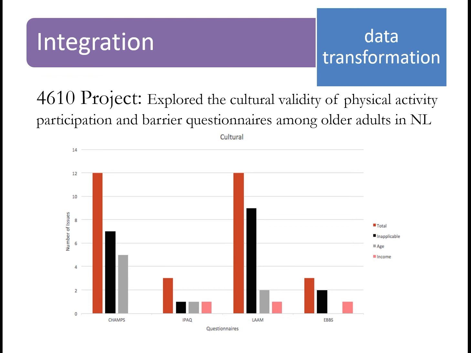It's often made for urban areas where there's an assumption that you have all these different resources. There were also a lot of assumptions about age, things that they would just never do, and also things about income, being on a fixed income and that kind of thing. So based on these results, you could see which survey to use. I'm going to use the IPAC for measuring physical activity, and the EBBS for looking at barriers, because they had the least number of issues.